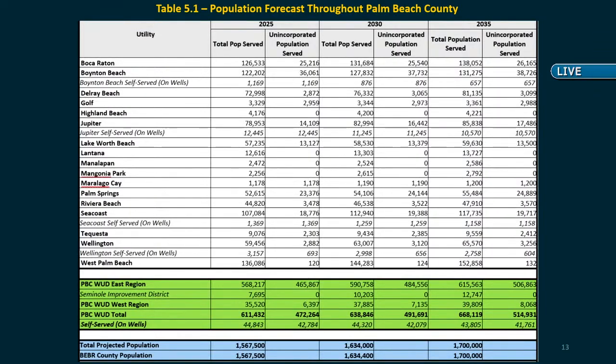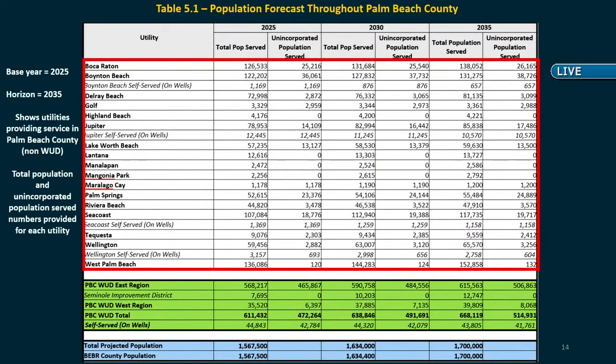The western area encompasses Belle Glade, South Bay, and Pahokee. Based on this population projection, the Water Utilities Department will be serving almost 615,000 people in the east and nearly 40,000 in the west by 2035. The total population projection is in line with the BEBR projection of nearly 1.7 million people by 2035 for the county. Next slide, thank you.